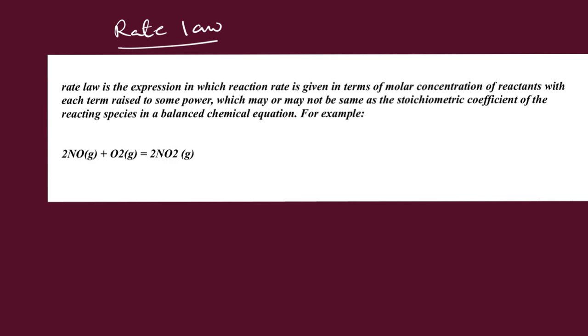So according to that, rate is equal to k [NO] whole power 2 [O2]. Now, in this one, the rate is expressed in terms of molar concentration of NO and molar concentration of O2. Square bracket means concentration. Each term here, NO and O2, is raised to some power, here 2. Here how much?